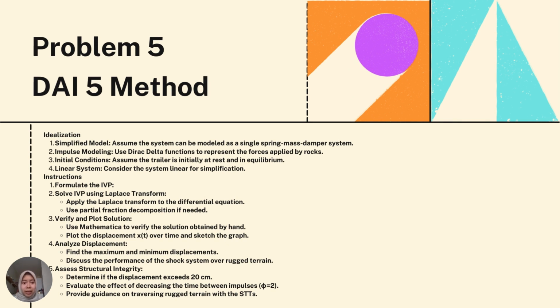Then we verify using MATLAB or Python, and then we analyze displacement, finding the maximum and minimum displacement, and then we assess structural integrity, like determining if the displacement exceeds 20 centimeters, evaluate the effect of decreasing the time between impulses, and provide guidance on transferring large terrain with the STTs.